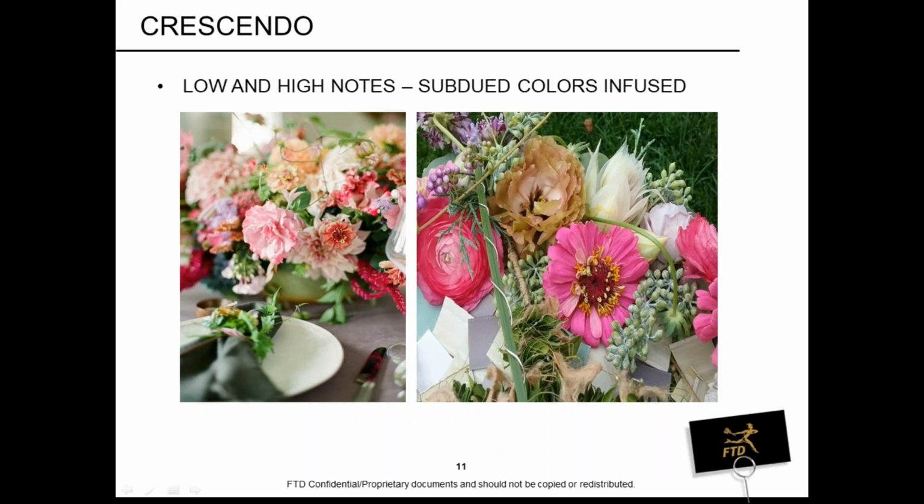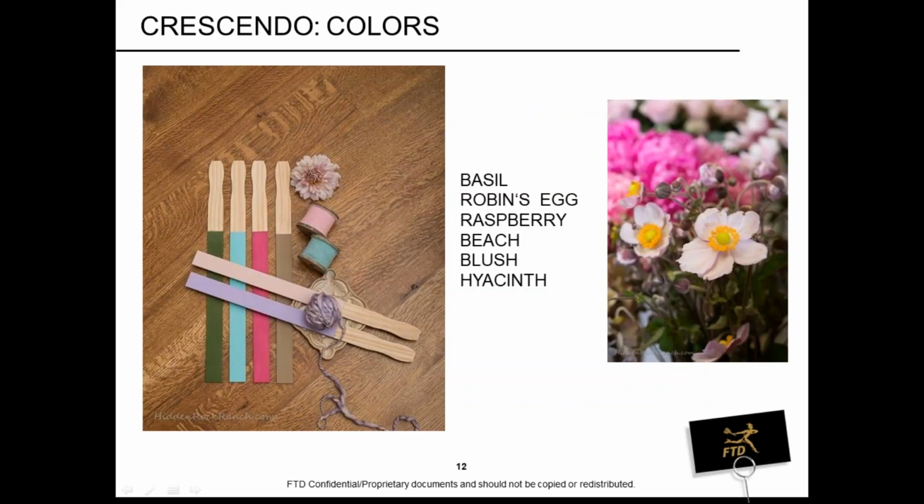So again, that's one of those key elements with the trends, staying on top of what you can offer your customer. When you're looking at the colors in crescendo, I want to get back to those high and low notes. You take basil, for instance. Basil is the organic color base to the trend.